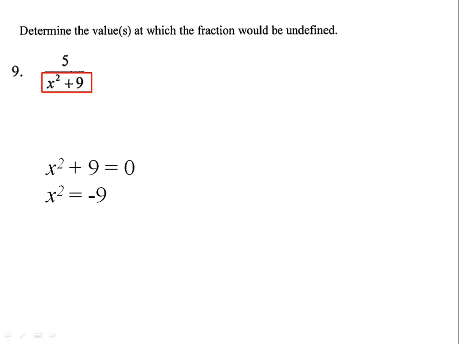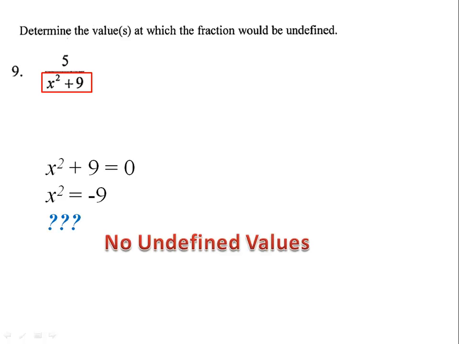Any number squared is positive. There's no number squared that's going to equal negative 9, and so therefore there's no values that are going to cause this to be undefined, because the denominator can never become 0. Therefore, I say there are no undefined values. You can plug any number into this expression that you'd like to.